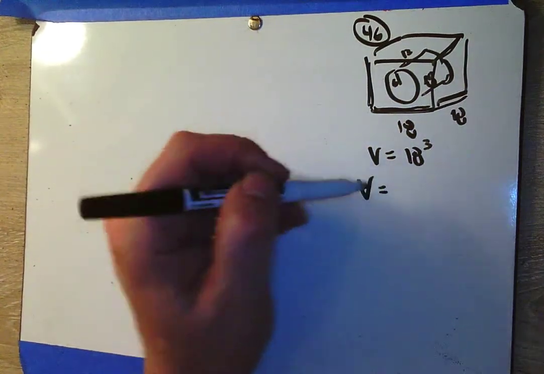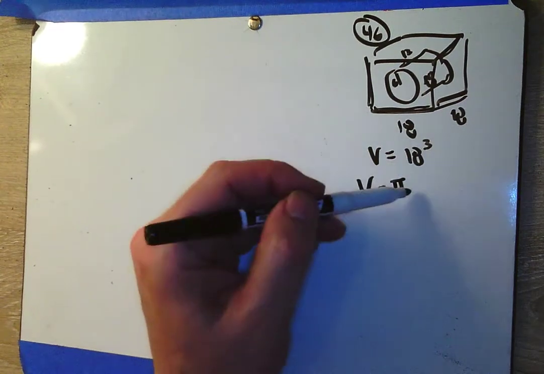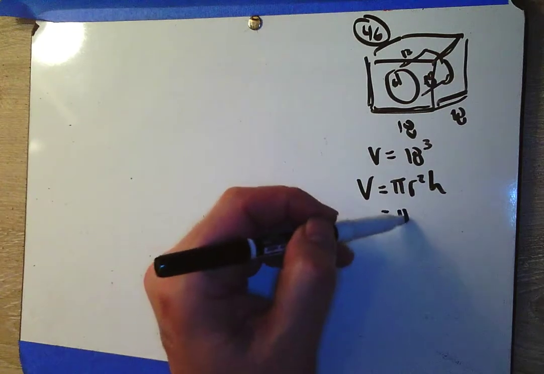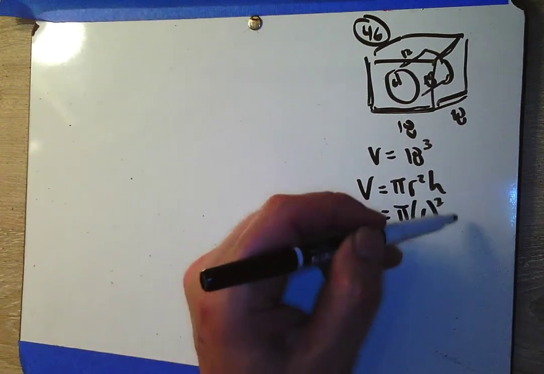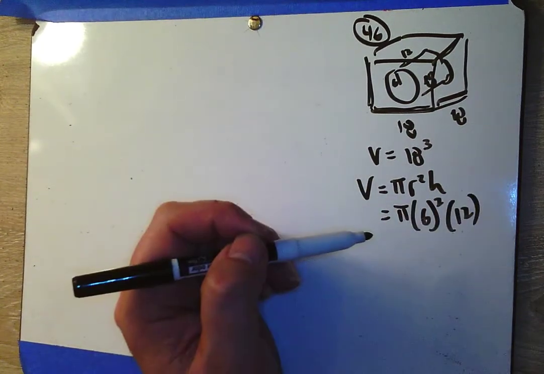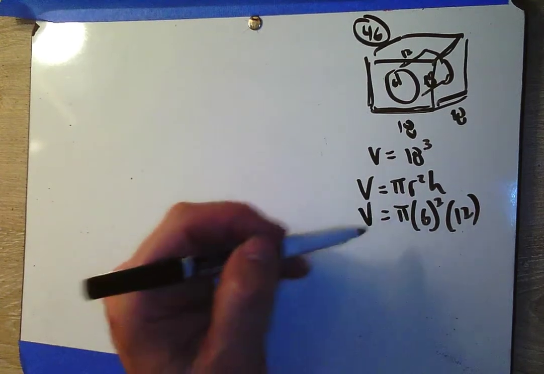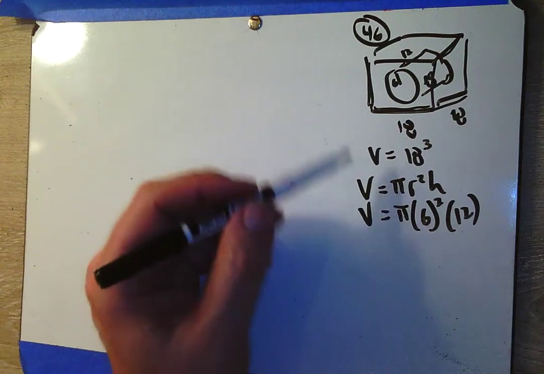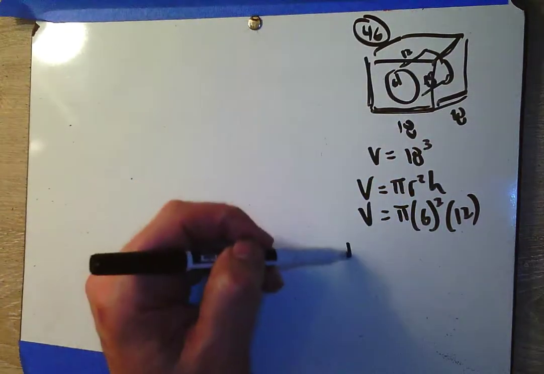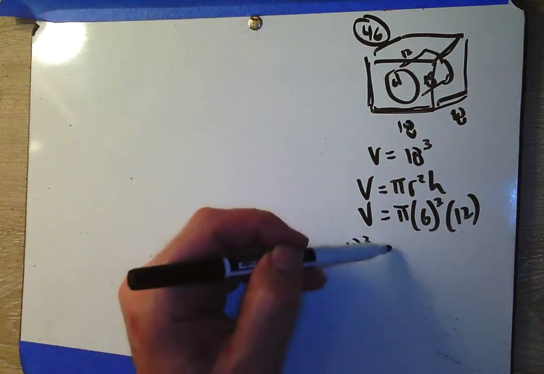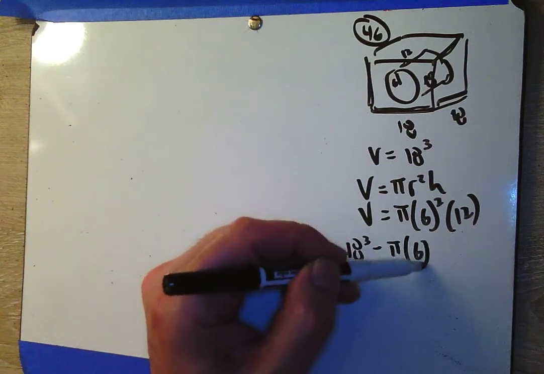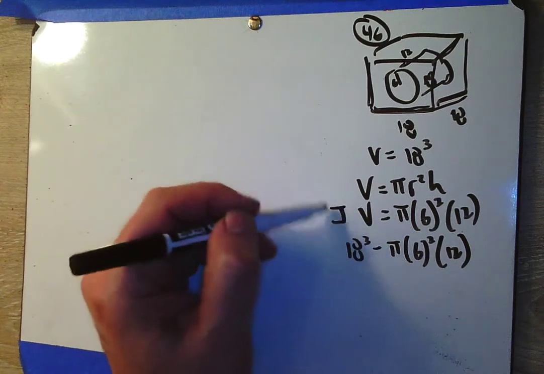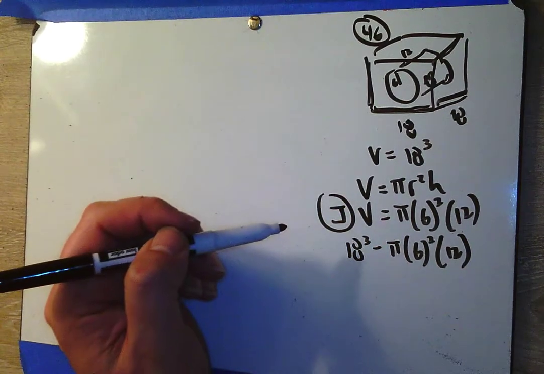Well, we know the formula for volume of a cylinder, I hope, is pi r squared h. Pi 6 squared times 12. And that's our volume of the cylinder. So the volume of the packing material would be the whole cube's volume, 18 to the third, minus pi 6 squared times 12. This corresponds with choice J. J for number 46.